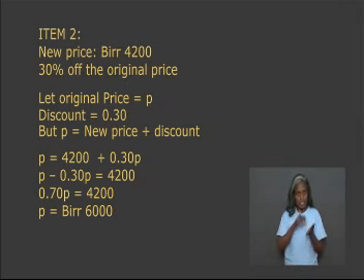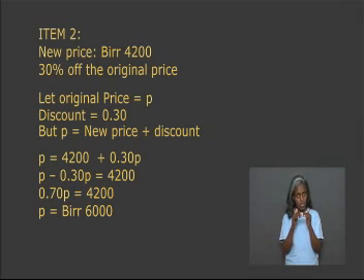We can rearrange this equation to say that P minus 0.3P equals 4,200. So 0.7P equals 4,200.